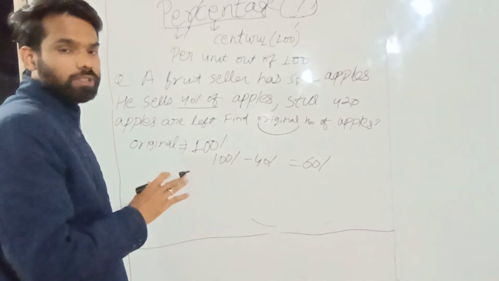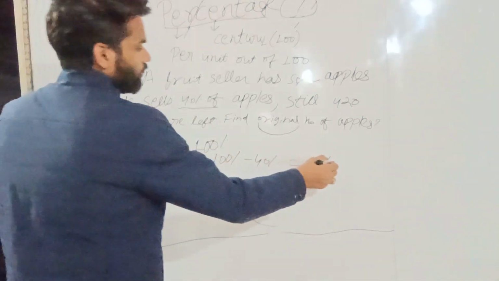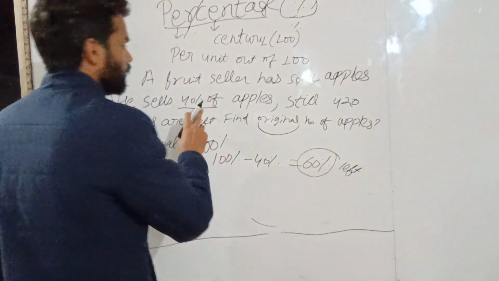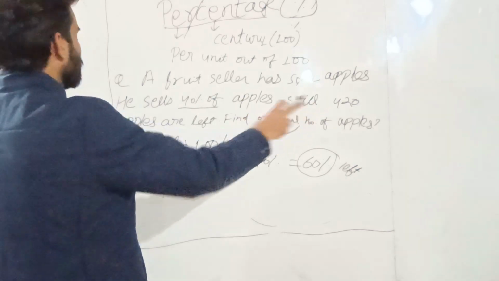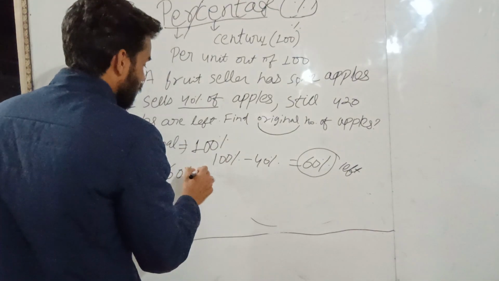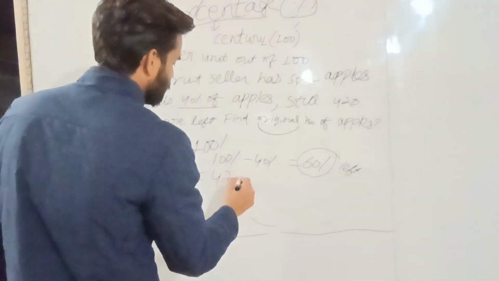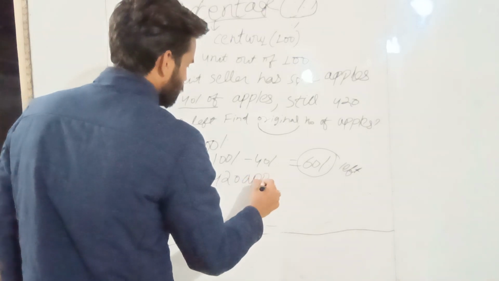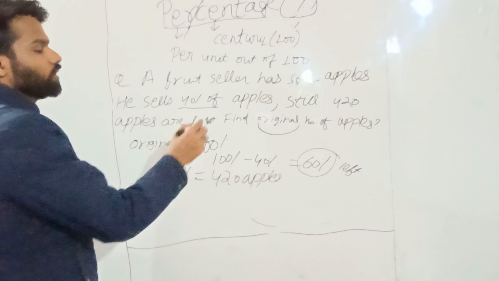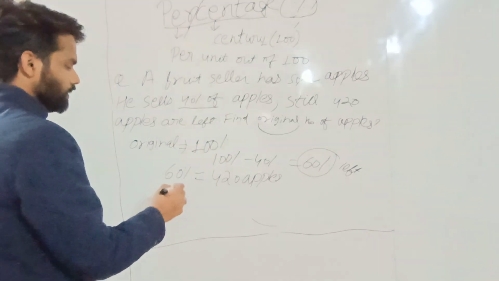So this 60% of apples we can see are left. And in the question it is given still 420 apples are left. So these 60% of apples are equals to 420 of the apples which are left. It means the value of 60% is equals to 420 apples because 60% of apples are left.